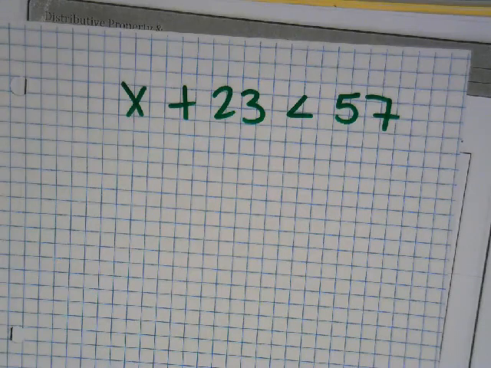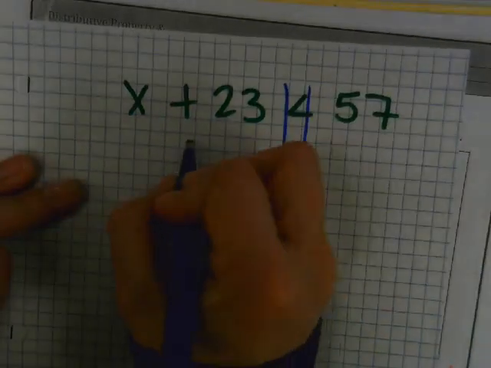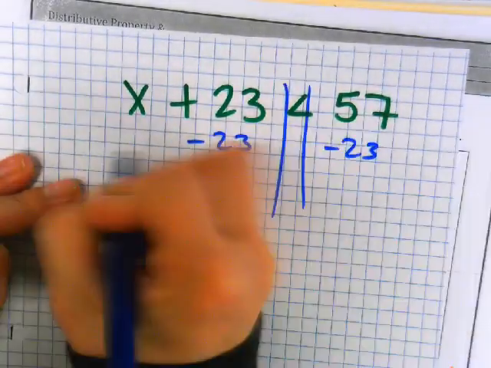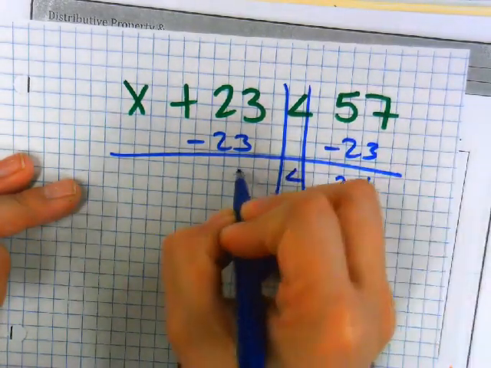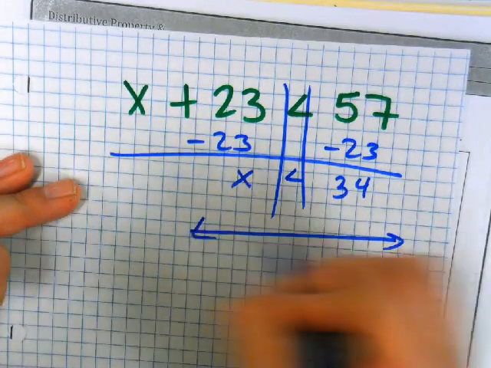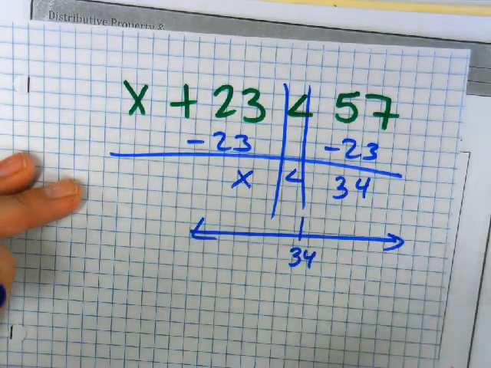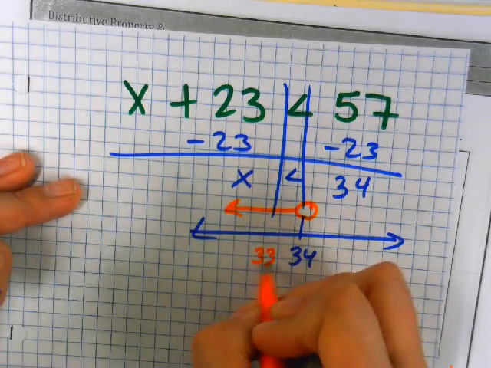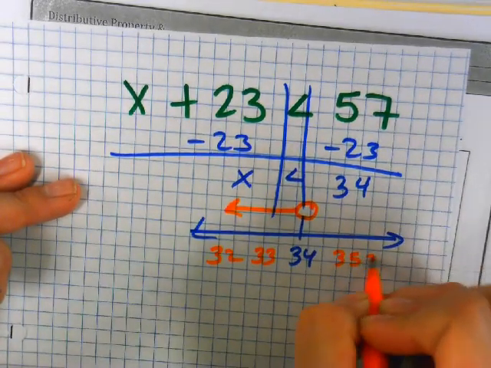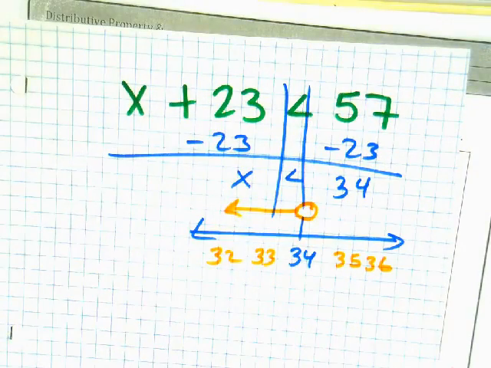All right, what do we got? 34 over the open circle, 34 to the left. All right. So bars, minus 23, minus 23. This gives you 34. And then, like you just said, 34 open circle, and then to the left. Easy enough? All right, cool.